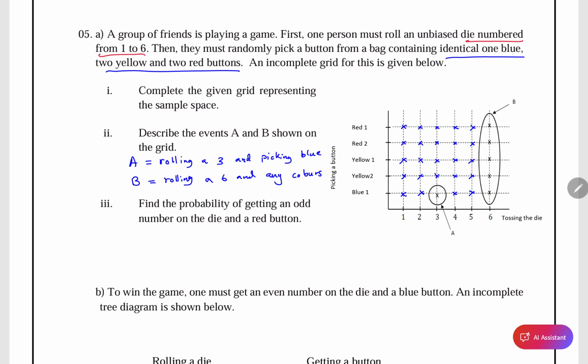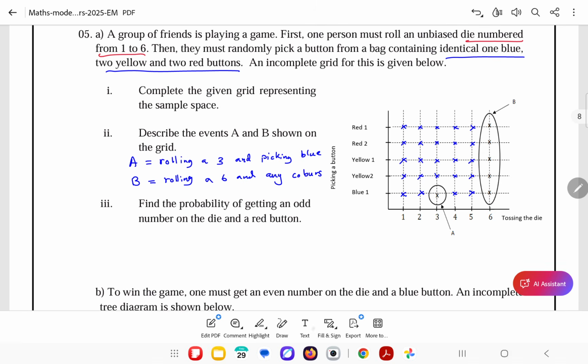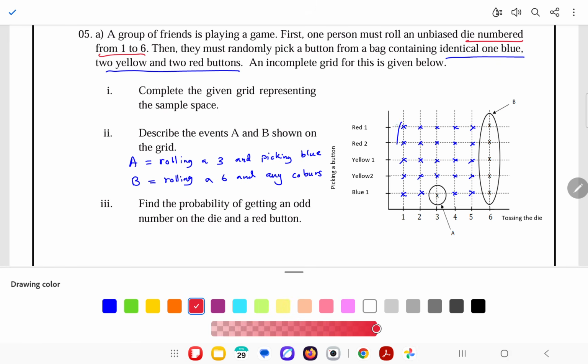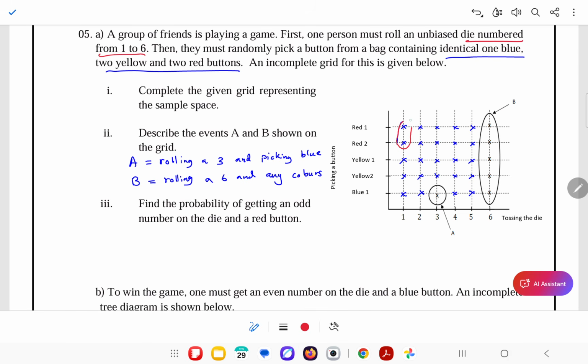Right. Find the probability of getting an odd number on the die and a red button. Odd and red. 1 and red. So we'll just mark it first. 1 and red you can get. Then 3 and red you can get.